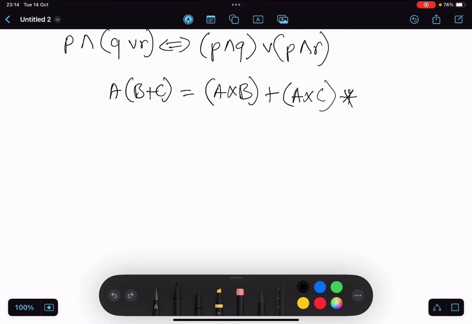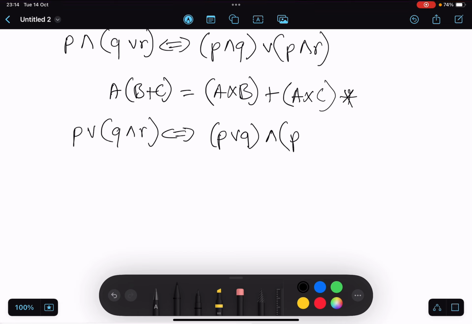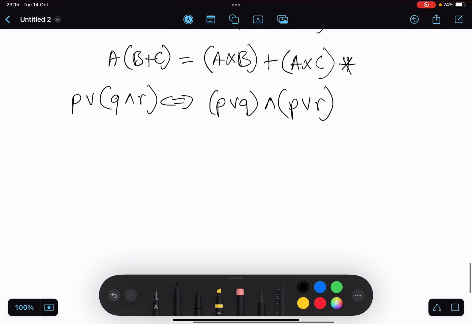Then we also have the second one where we are saying P or Q and R is logically equivalent to P or Q and P or R, still the same thing. So this is a very important law.